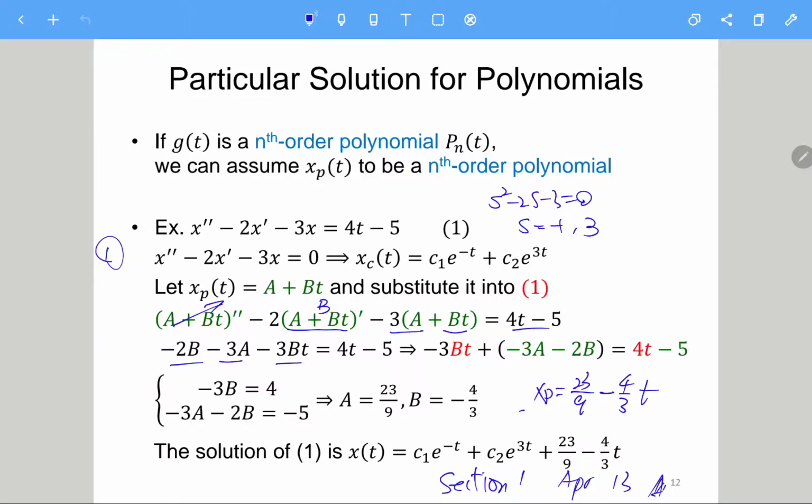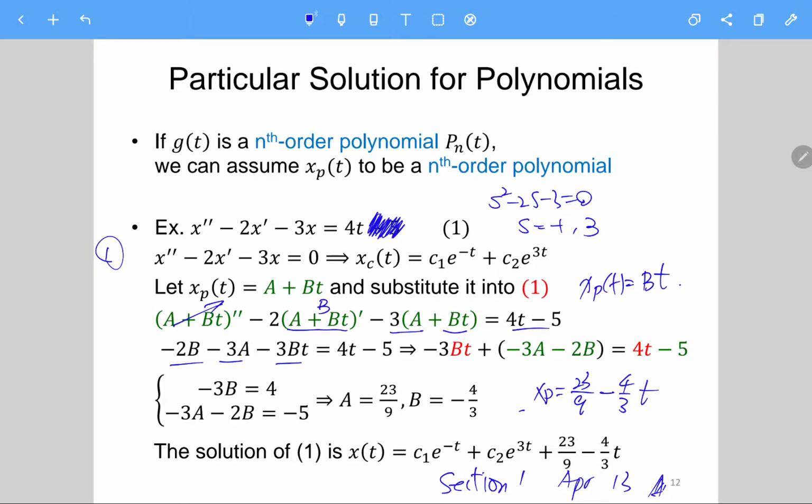So I have a question: if g of t only has the first order term without the zero order term, do you think we need to assume xp to be a plus bt, or only xp of t equals bt?